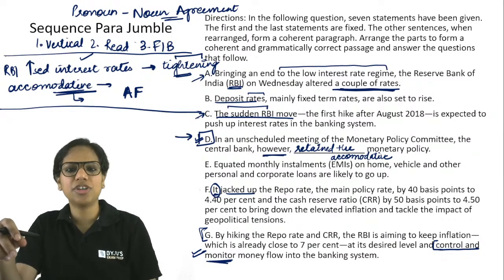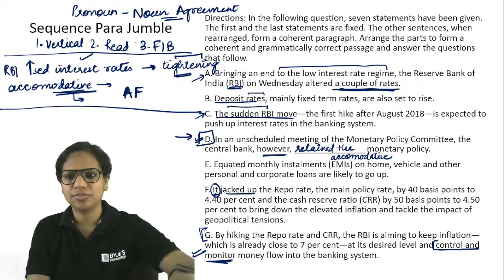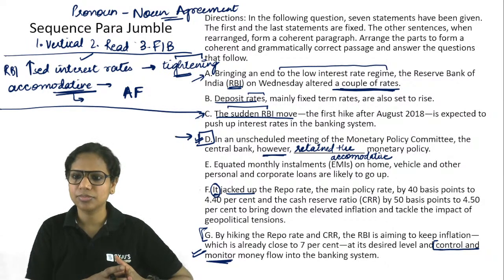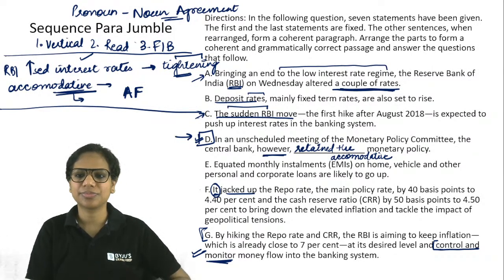What after AF? Give me the sequence. Absolutely correct, Sanil. So that's why F continues A, F elaborates A.